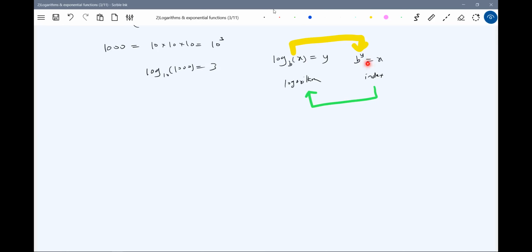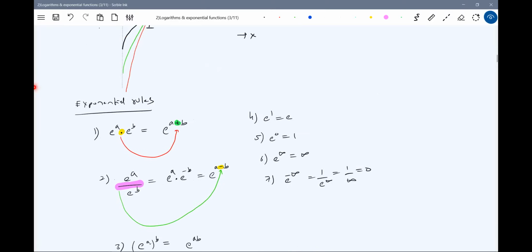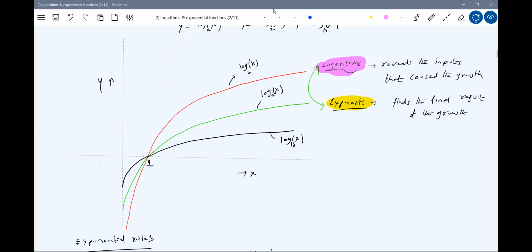This is called the index form or exponential form. This is called the logarithm form. I think it's quite clear now. x is just some value, no? I wrote something here. This is the fundamental thing.